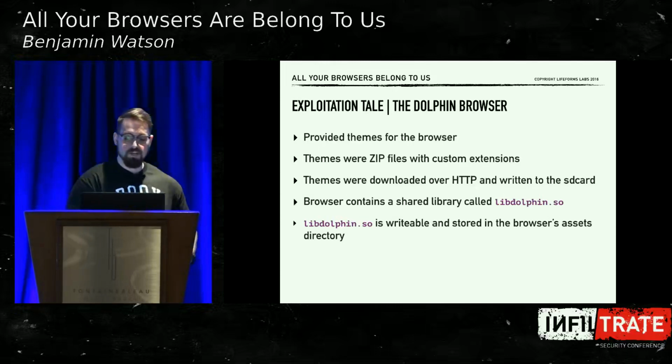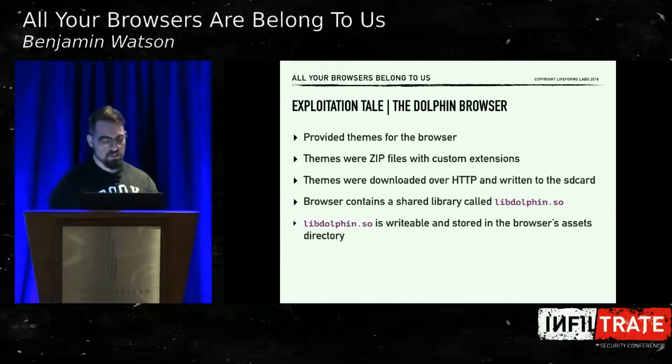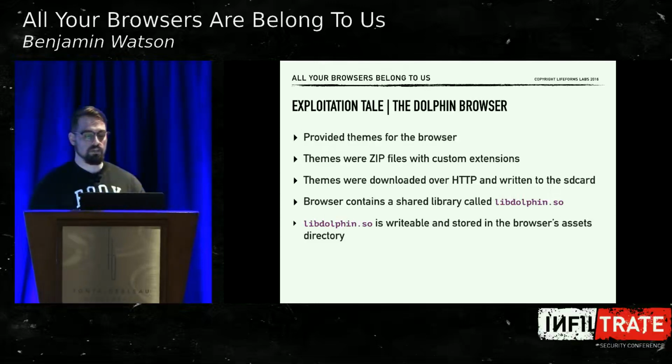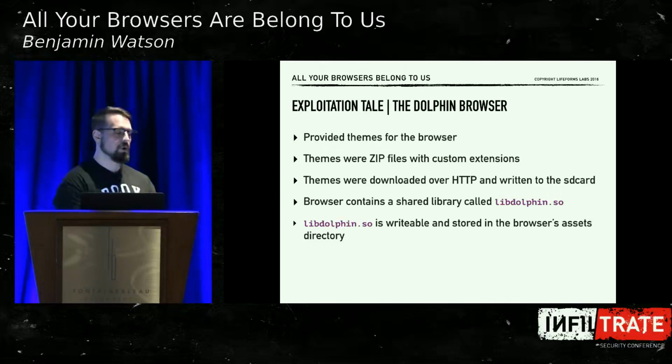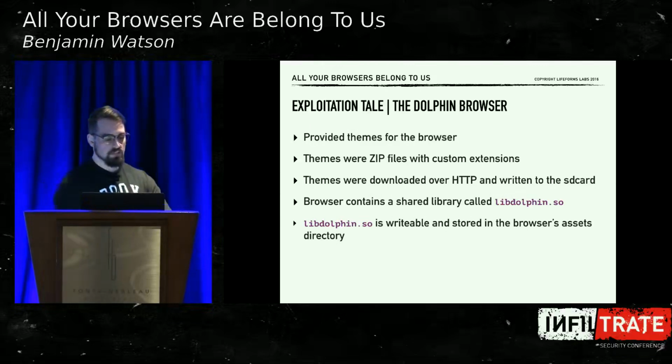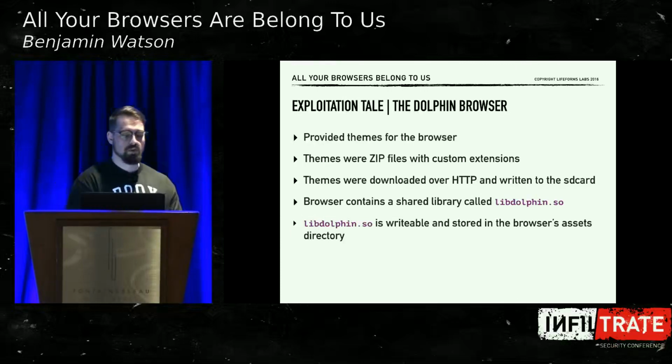They were downloaded over HTTP, written to the SD card, and effectively extracted, and then data inside of the theme files were applied to the overall browser configuration: update, wallpaper, JPEG, whatever. We've already shown that the libdolphin shared library isn't stored in the browser's assets directory, and it is writable. So this is a prime target for using the ZipInputStream attack and then overriding shared code.